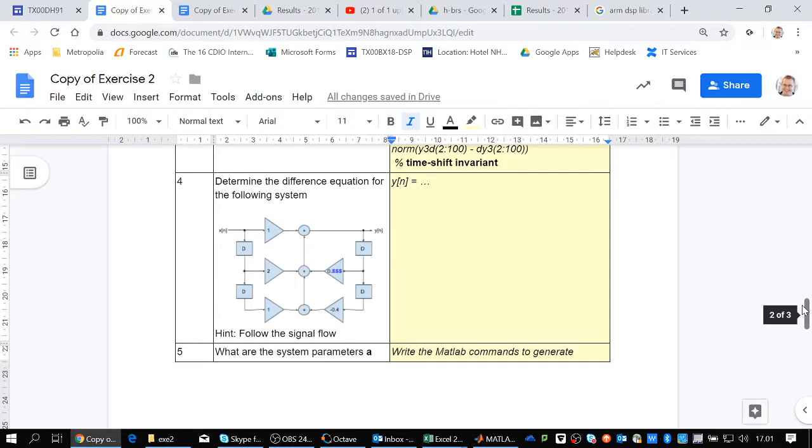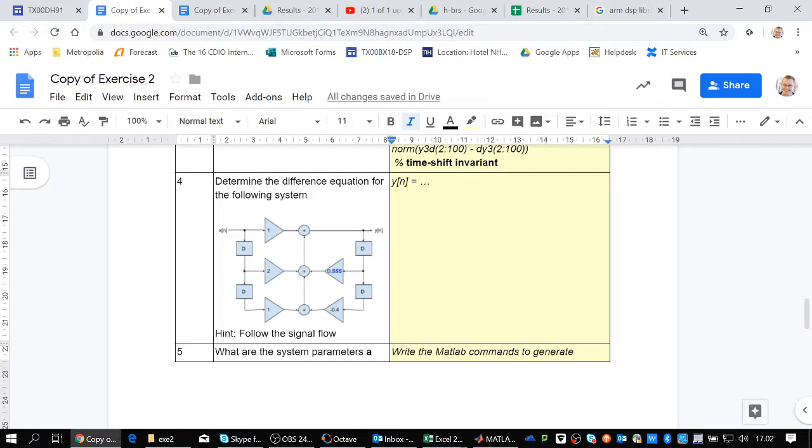And then you just basically calculate from here to see what comes out from here, which is the y of n. This is a paper and pen exercise at the beginning, which gives you the difference equation. Okay.